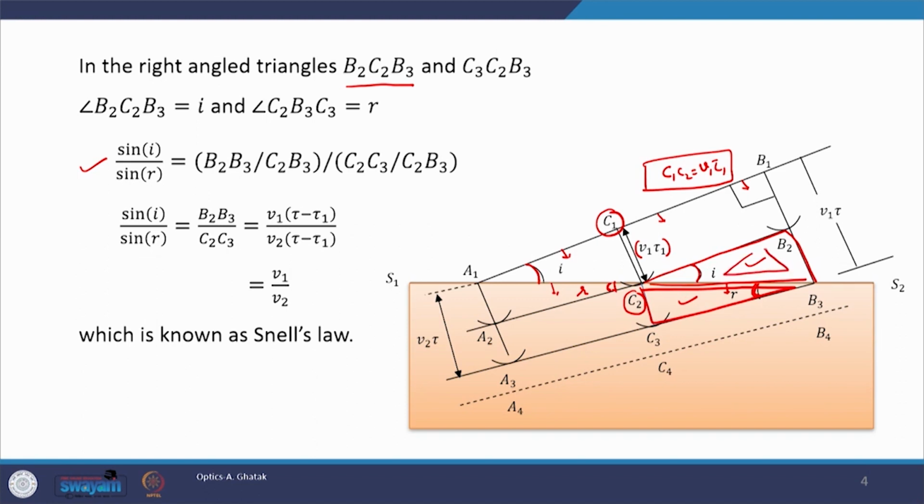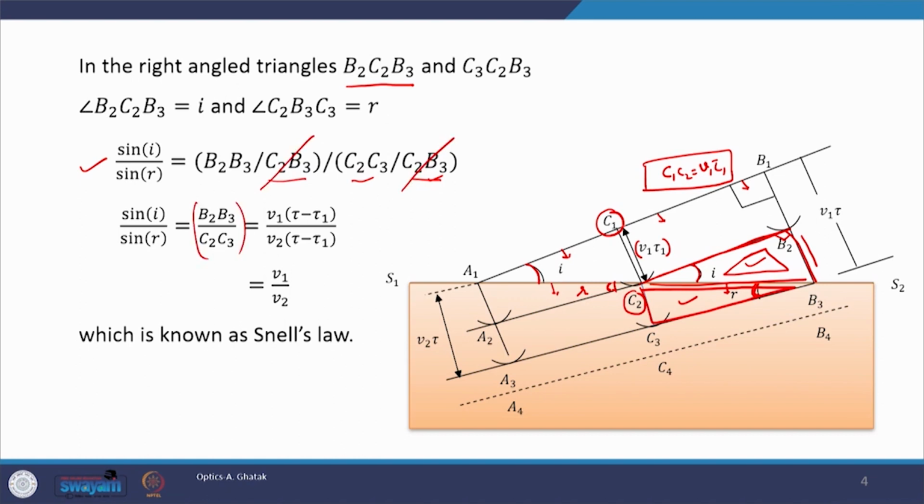This is our upper triangle, this is the 90-degree angle, and how did we form this triangle? We just drew a perpendicular from here to here. Now what we know is that sin I would be equal to B2 B3 by the hypotenuse, which is C2 B3. Similarly, sin R would be C2 C3 by C2 B3. Since C2 B3 is common in both the denominators, it will go away and we would be left with B2 B3 by C2 C3.